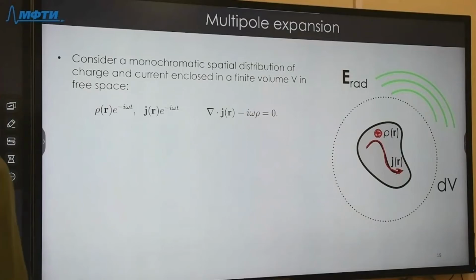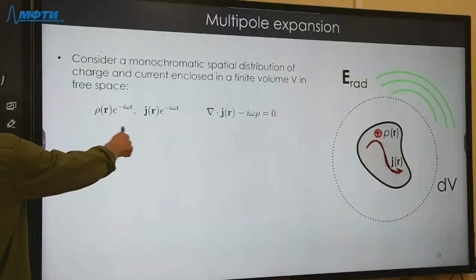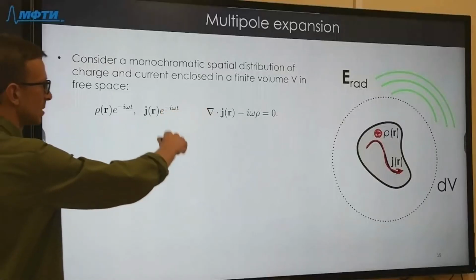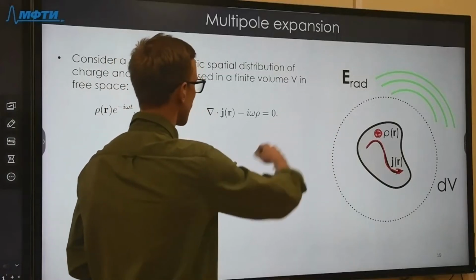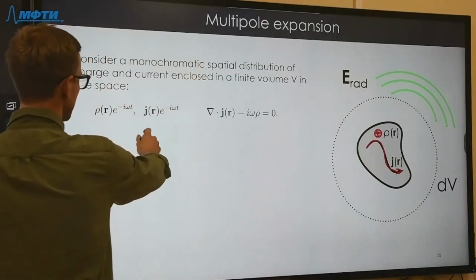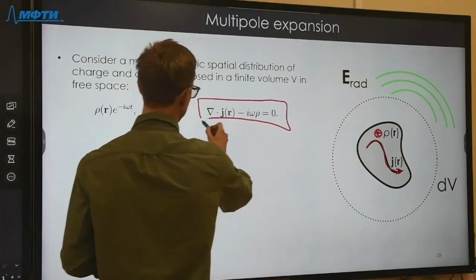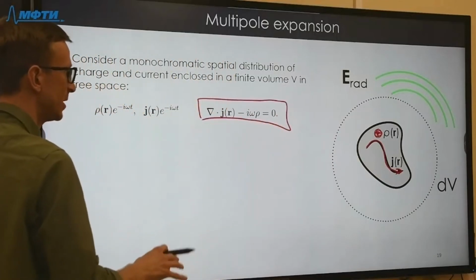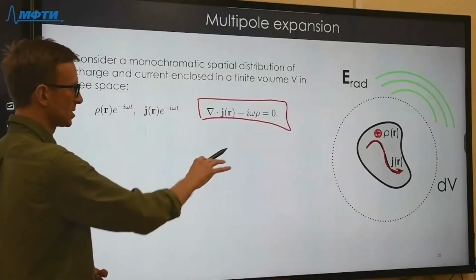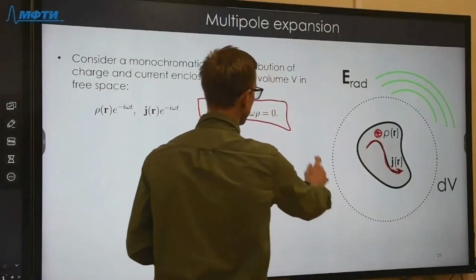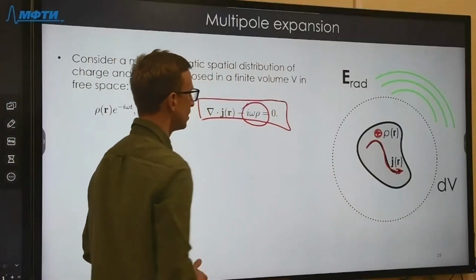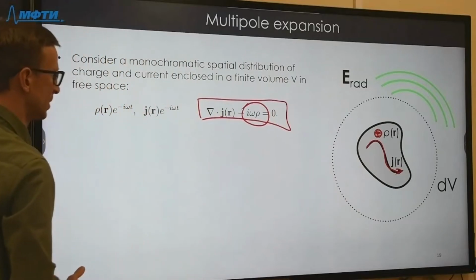So consider a certain distribution of charge and current density confined to a certain volume V, and this charge and current are, of course, related by the continuity equation. They cannot be absolutely arbitrary. Once we have the current density, we automatically obtain the oscillating charges from the continuity equation.